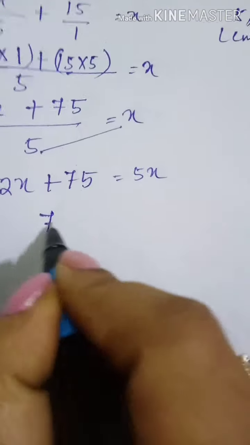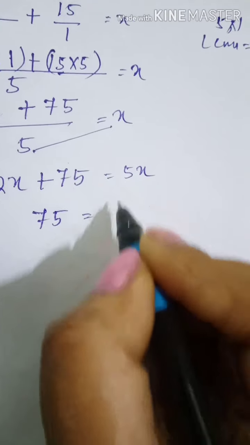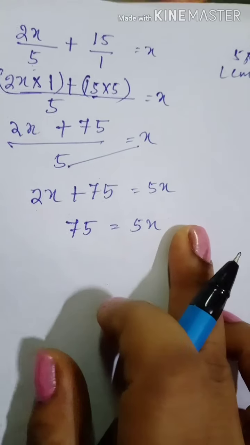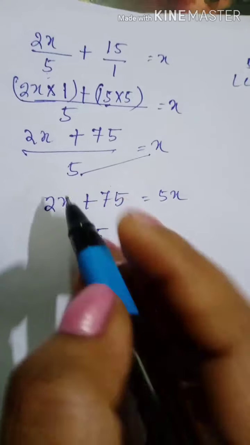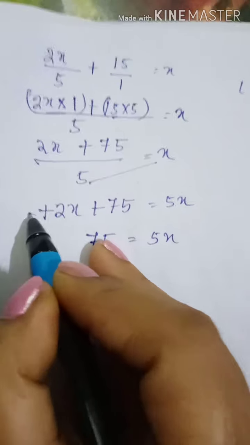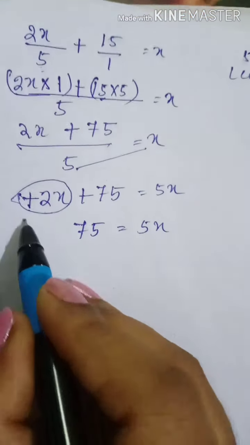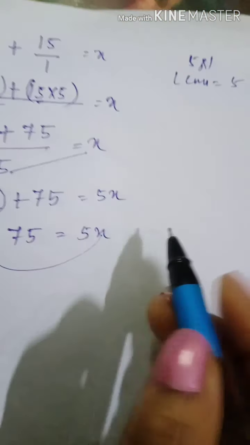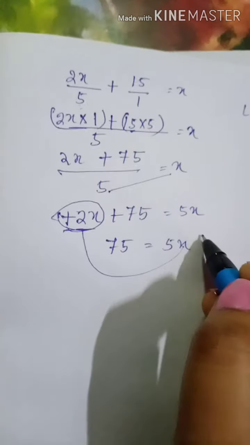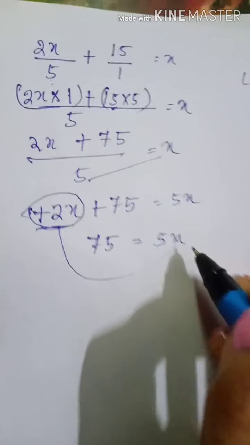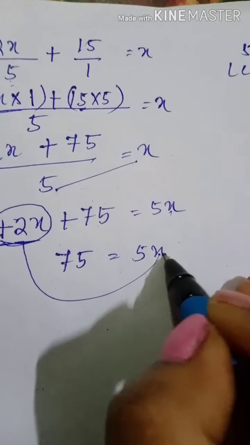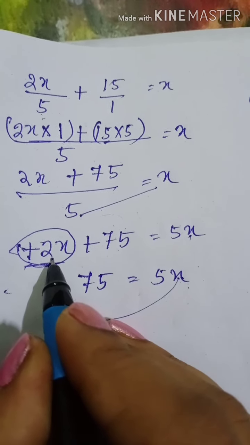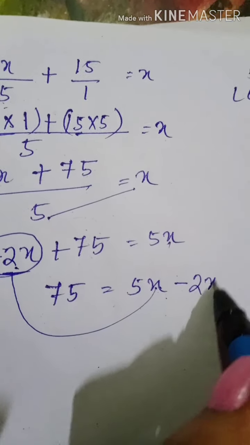Now see 75 as it is, 5x, you have to bring all the x terms to one side. In integers I told, when a positive term comes across the equal sign, it becomes negative. These things you will already have in the equation process. So 5x first, then change the position of plus 2x by making it minus 2x.